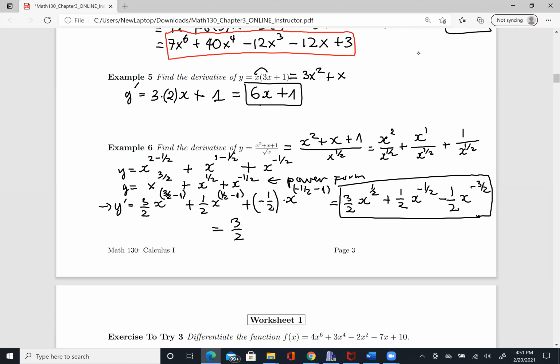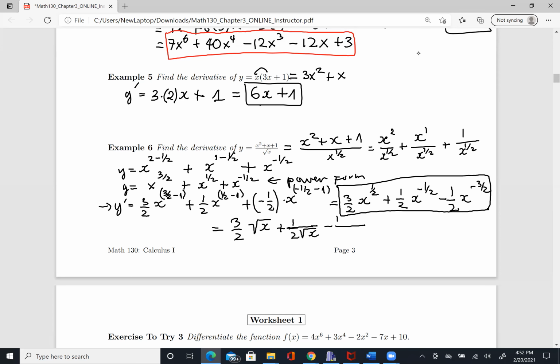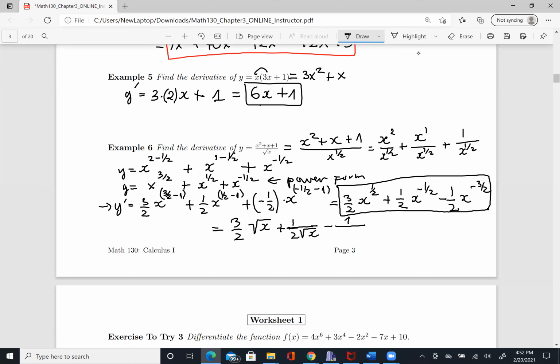So I have 3/2 with a square root of x plus 1/2 square root of x over here, and minus 1 over 2 square root of x to the power 3, right?